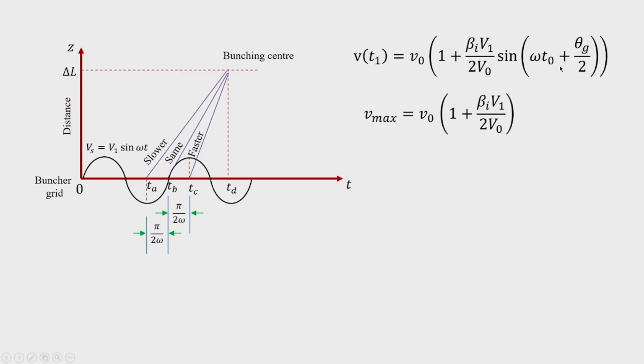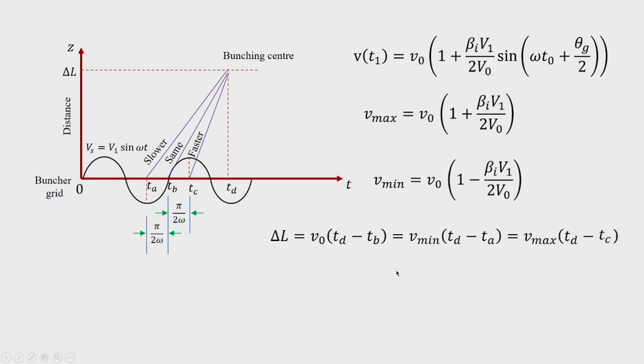Similarly, when this sign becomes negative, the minimum velocity V min is V naught into 1 minus beta I V1 by 2 V naught, and we can write delta L, this is V naught into T d minus T b, or it may be written as V min into T d minus T a, or it can also be written as V max into T d minus T c.